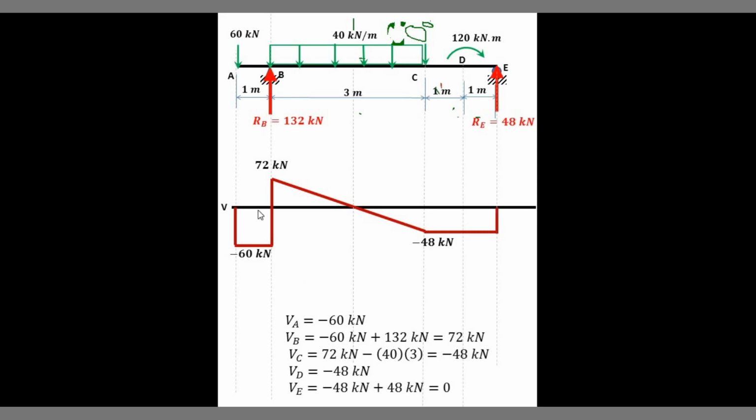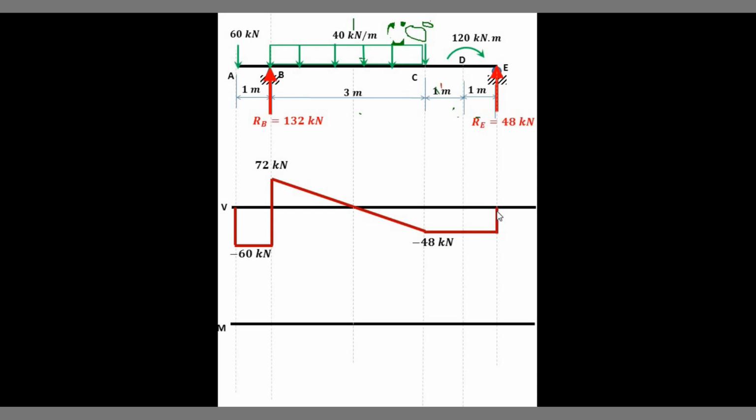Now, as you can see here, I started at 0. I should end at 0. Kapag hindi kayo nag-end sa 0, there is something wrong in your computation. So, after na nakuha ko na yung aking shear diagram, I can now go to the moment diagram. That is, ang sabi dun, the change in shear between points A and B is equal to the area under the distributed load diagram between points A and B. So, what do that mean?